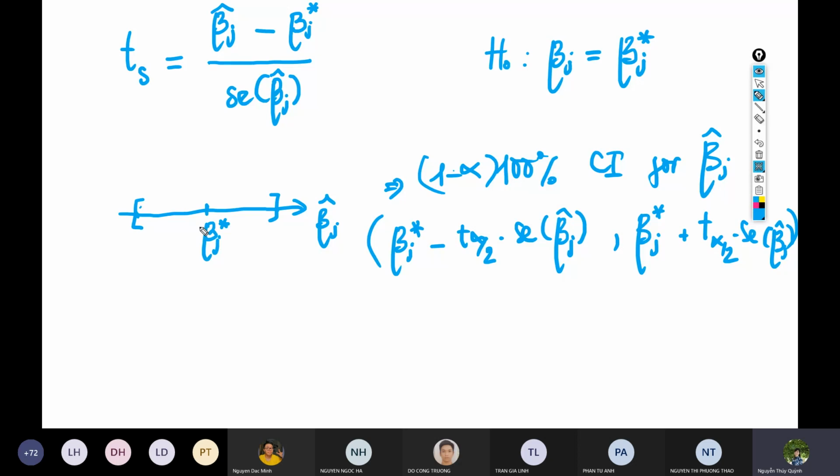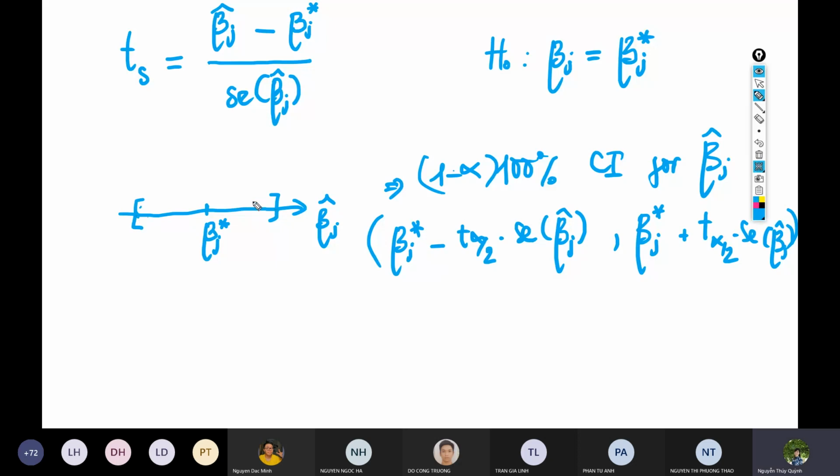So, for example, alpha equal to 5%. When you take a random sample from the population and calculate the observed value of beta z hat, the value of beta z hat has a very high chance, say 95%, of falling into this interval.